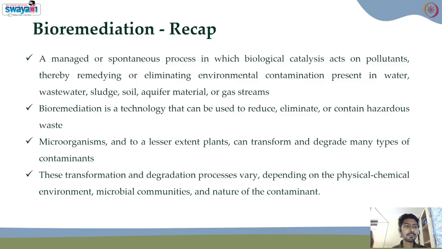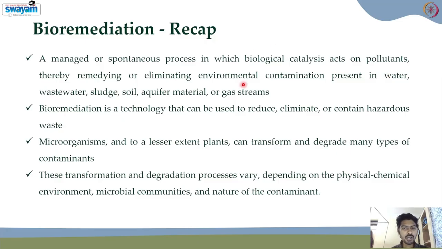So by using the biological source or their enzymes to act on the pollutant, and we have also seen several classifications of pollutant. So these biological catalysts act on the pollutant to remediate or to eliminate these contaminants that are present in what environment. It can be water, wastewater, sludge, soil, aquifer material, or gas stream.